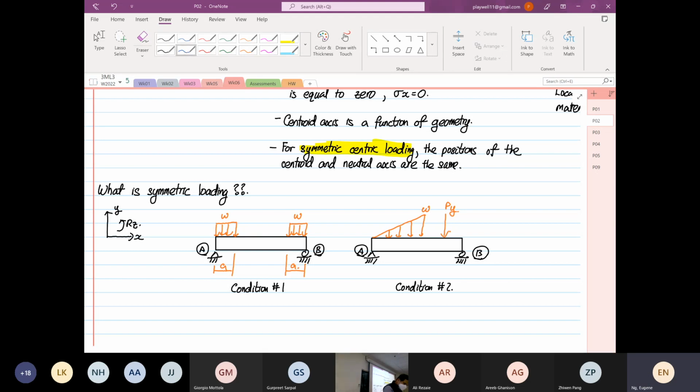The distance from here to here is L over 2, and from here to here is L over 4.